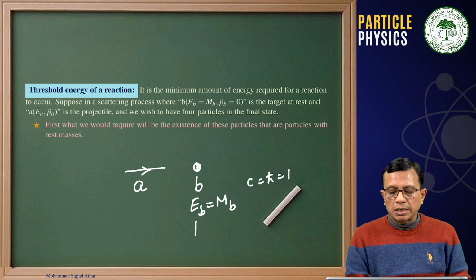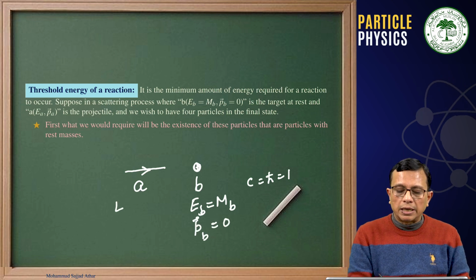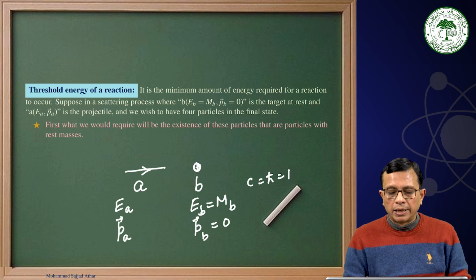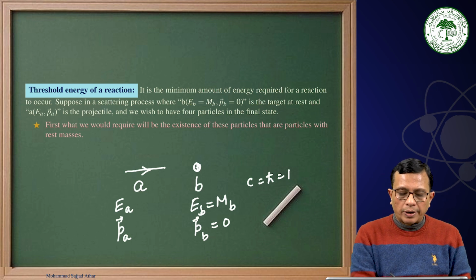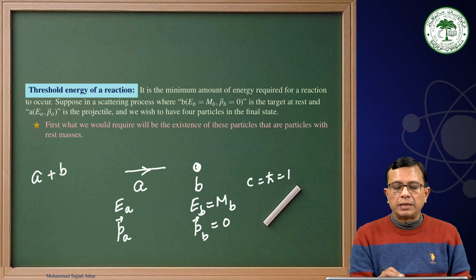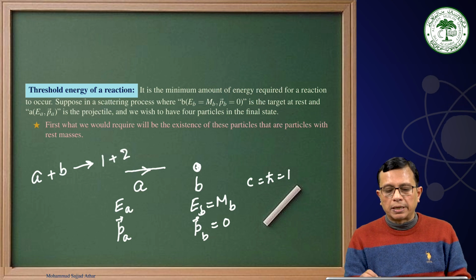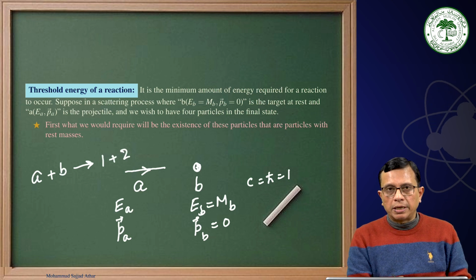And what is its 3-momentum? 3-momentum is 0, while this guy has both energy and momentum. Therefore, I have A plus B in the initial state, and 1 and 2 as the particles in the final state.